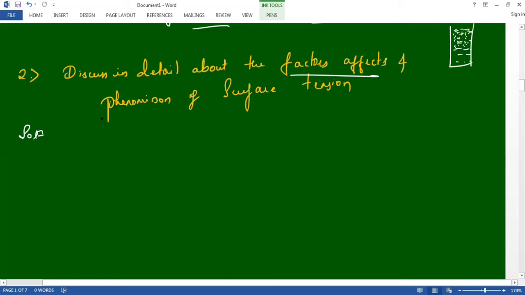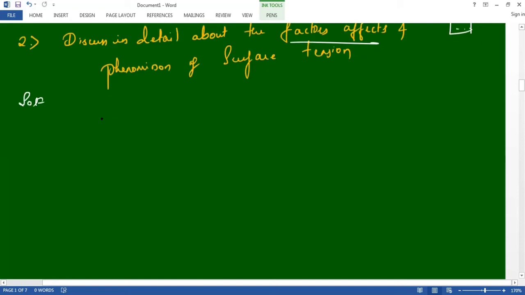There are two factors which affect the surface tension. The first one is impurity. Impurities present in the liquid appreciably affect the surface tension.